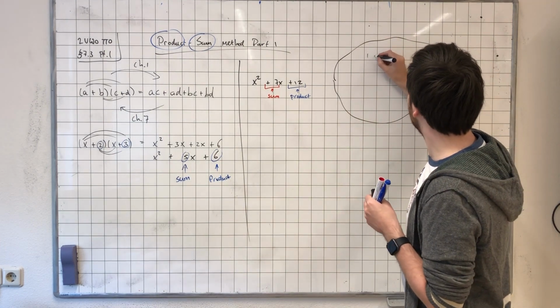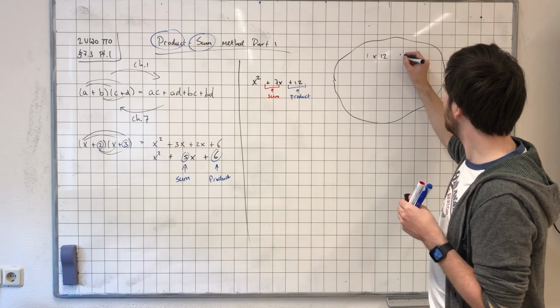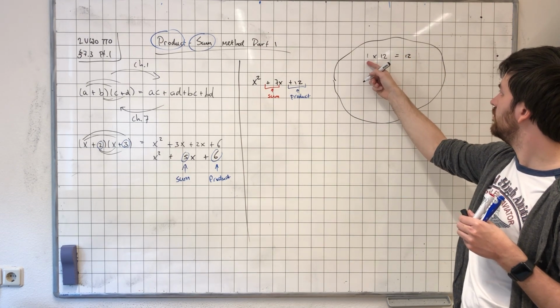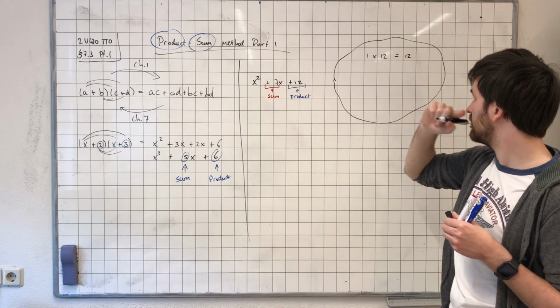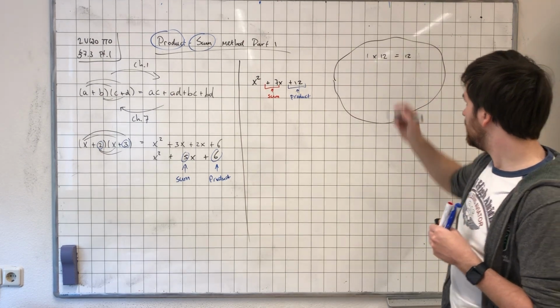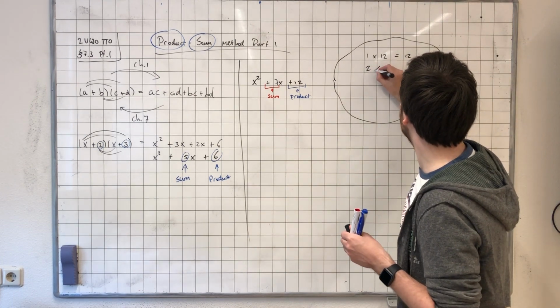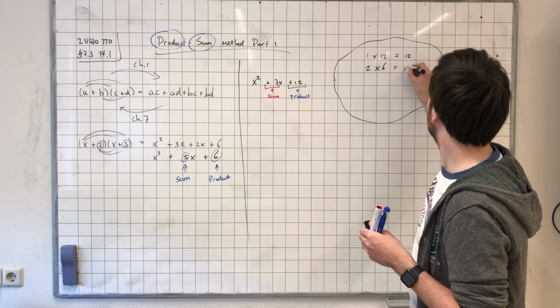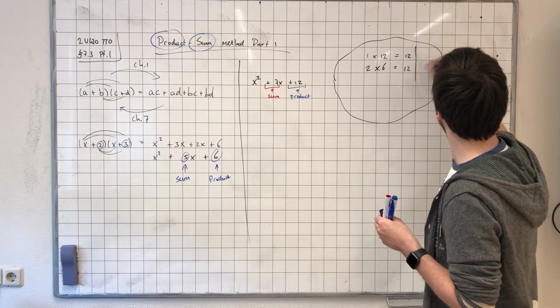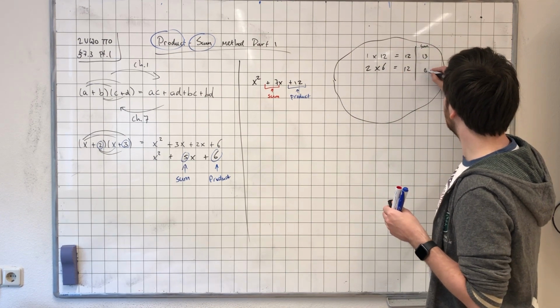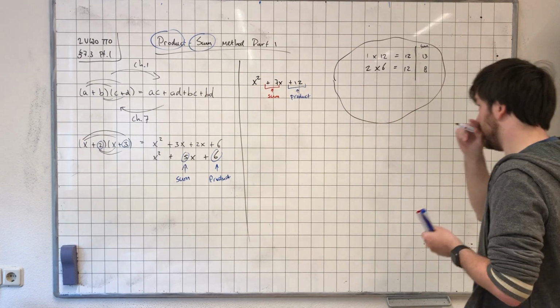Well, it's 1 times 12. That's 12. But if we add these 2 numbers, that's 13, not 7. So that's not correct. Can we find 12 in another way? Yes, of course we can. It's 2 times 6. It's also 12. But the sum is 8, which is also not 7.